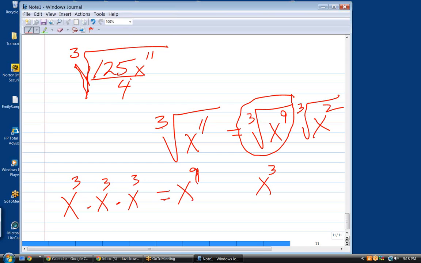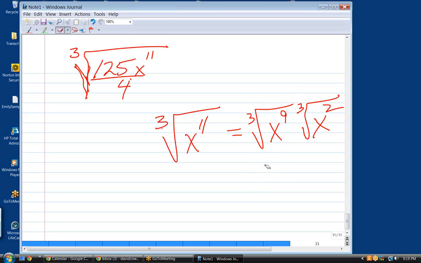So that thing multiplied by itself 3 times gives you x to the ninth. So when you're dealing with cube roots, it's a little different. Okay, so this part becomes that, and that's the way we would express the rest of it as the cube root of x squared.